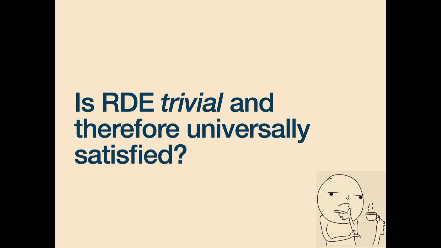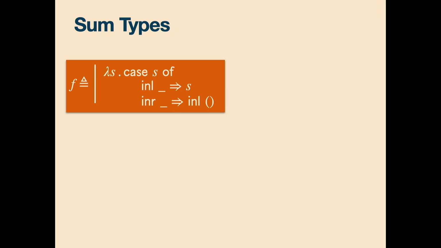The first one: is it trivial, and therefore universally satisfied by every gradual language? The answer is no. We are going to give you two examples. Suppose that we have a gradual language that supports some types. Suppose you have a dynamic program, which is this function f, which takes a sum as argument.